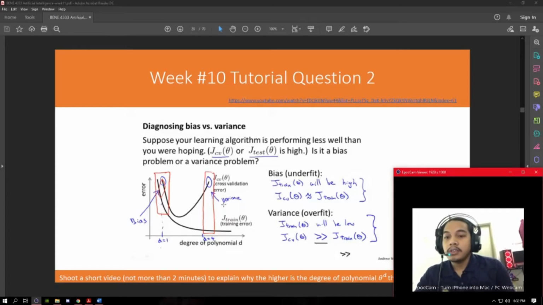So if the learning algorithm is suffering from a bias problem, the training set error will be high and the cross validation error will also be high. In contrast, if the algorithm is suffering from high variance, then the training error is going to be low, whereas the cross validation error will be much more than the training error.